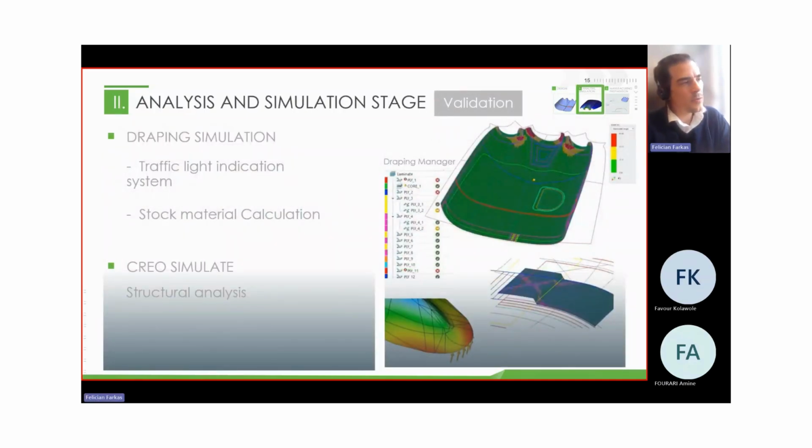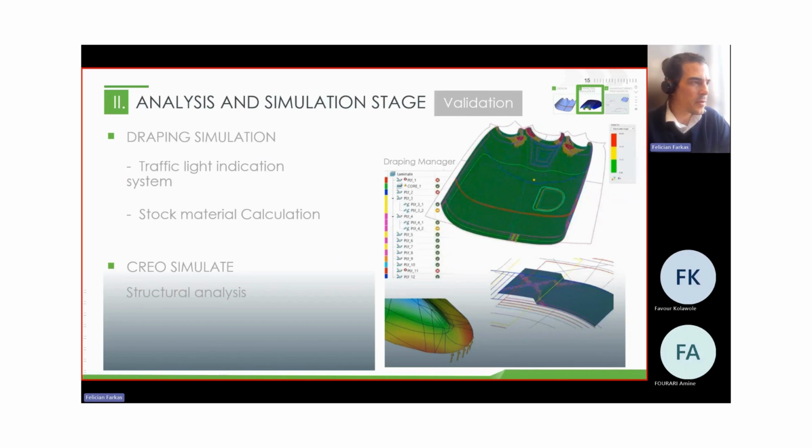We use the analysis and simulation to validate the composite design, where we can check if the model meets the requested engineering qualities and certain standards. We mainly use the draping simulation to identify the draping issues.